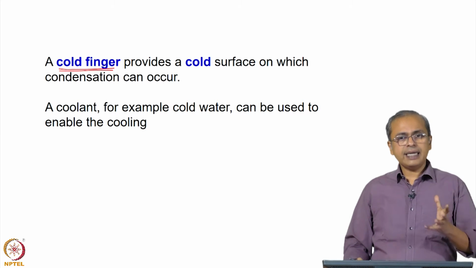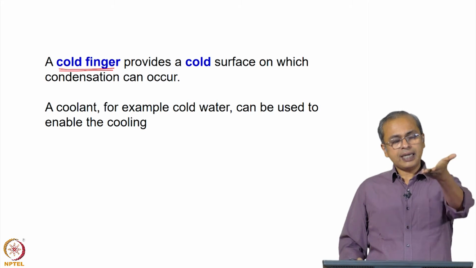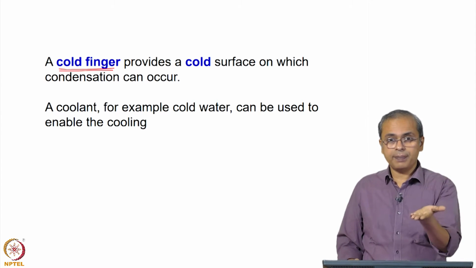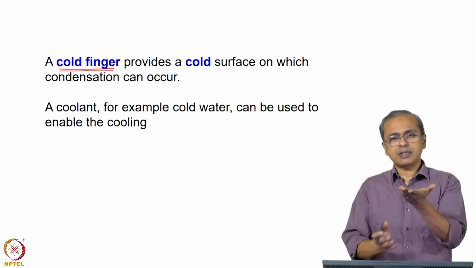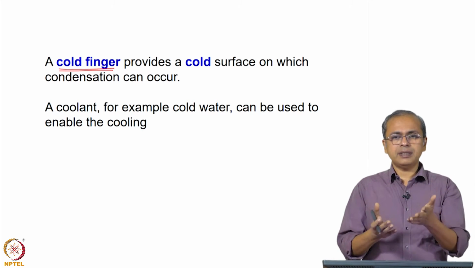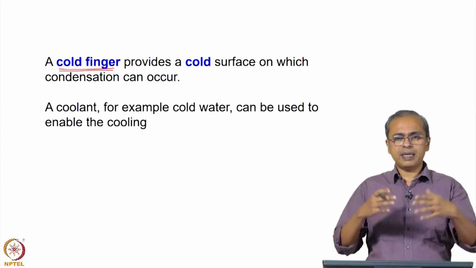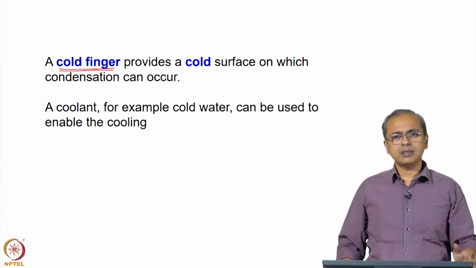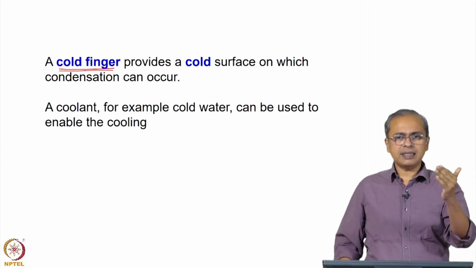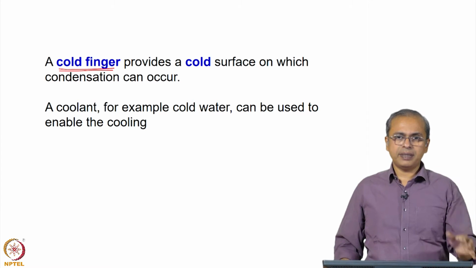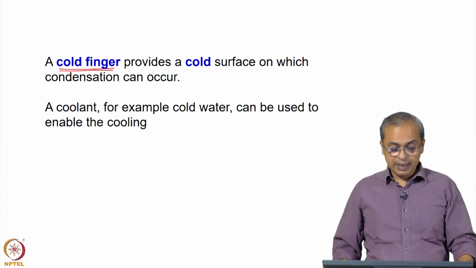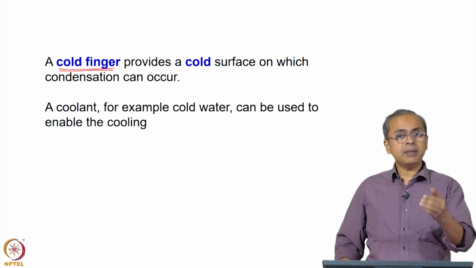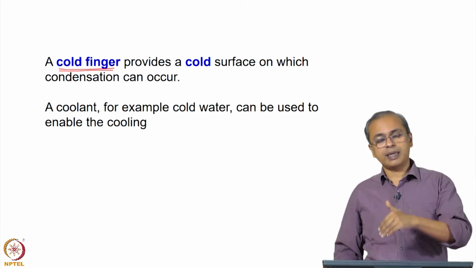So the idea is simply this, that you can actually have a substrate which is just sitting there, which when you loaded was sitting at room temperature, and then as the evaporation process happens and condensation process happens, based on how the chamber is operating, based on any other heat that is getting generated in the process, the substrate may stay around room temperature. That is basically what you are likely to see, but you can assist the condensation process by deliberately keeping that surface at a colder temperature.